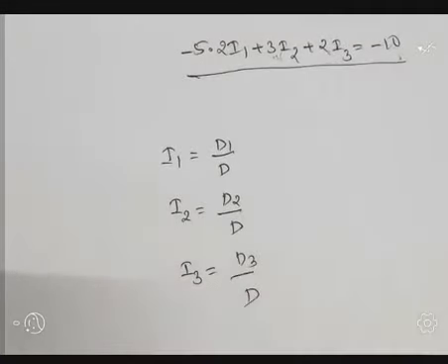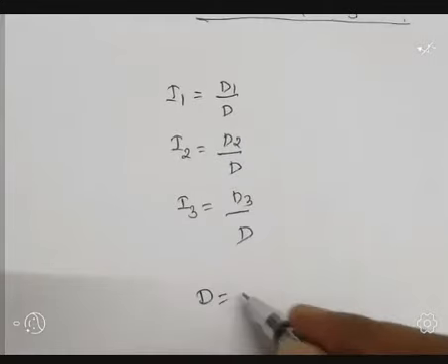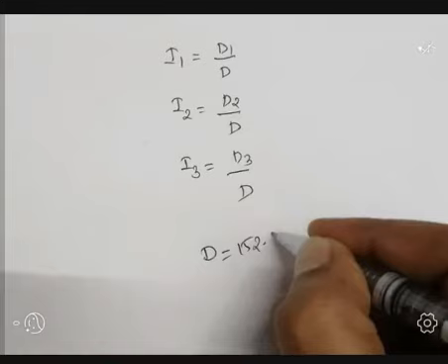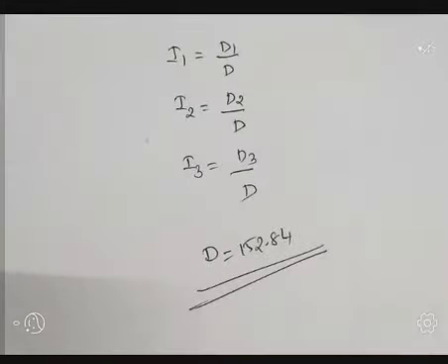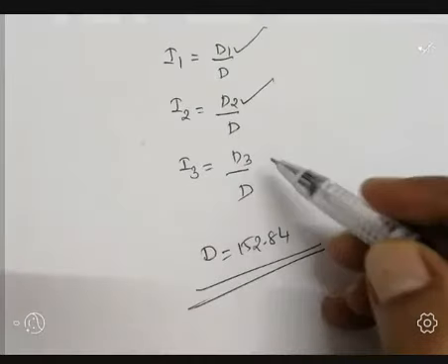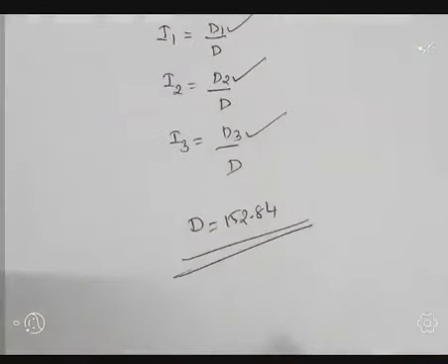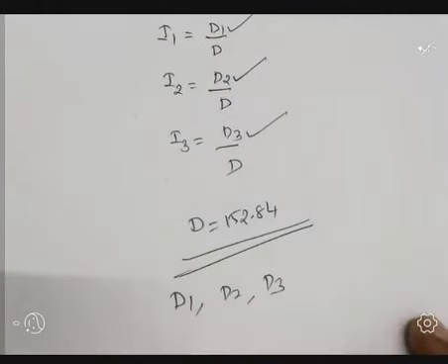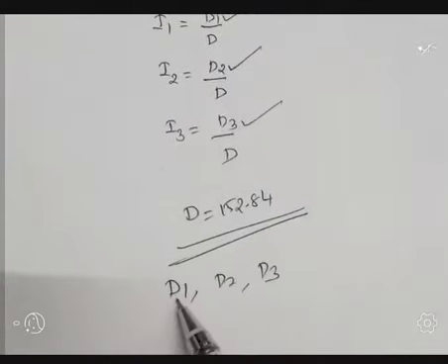But we calculated the D value, that is 152.84, but we don't know the value of D1, D2 or D3. Then how to calculate D1, D2, D3? D1, D2, D3 indicate the first determinant, second determinant and third determinant.